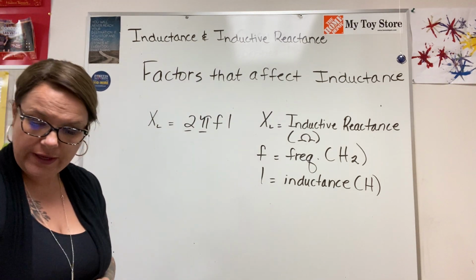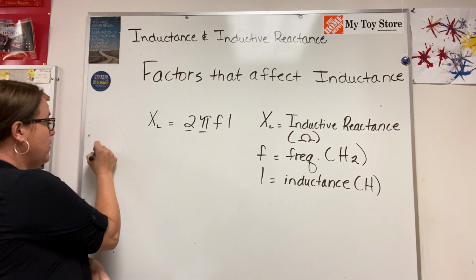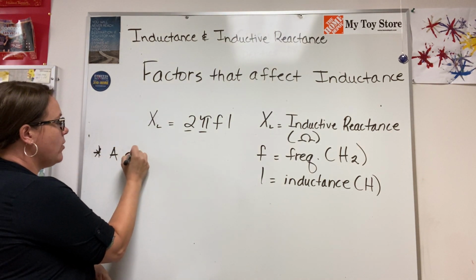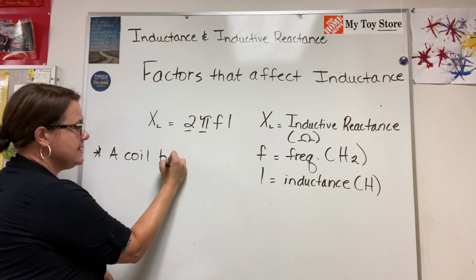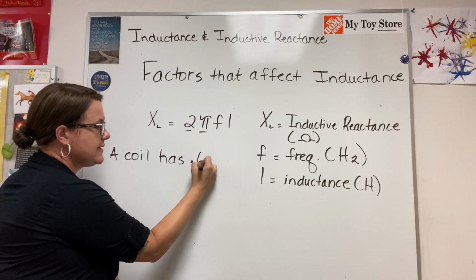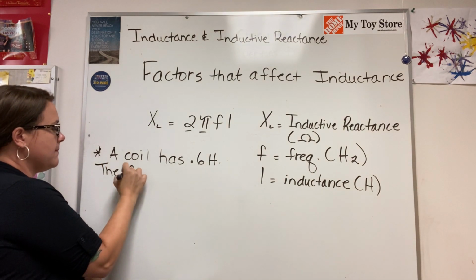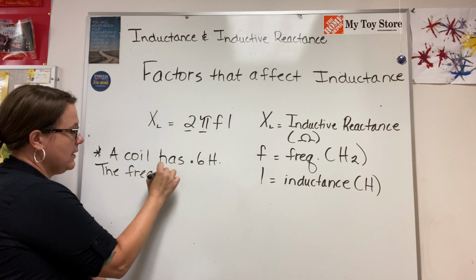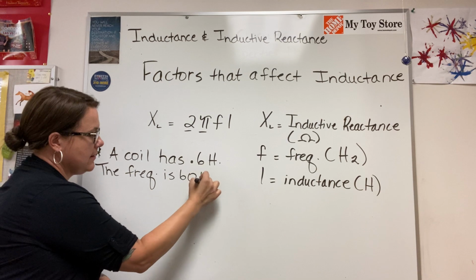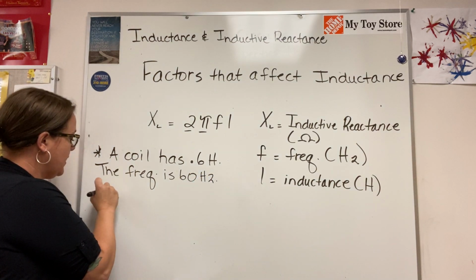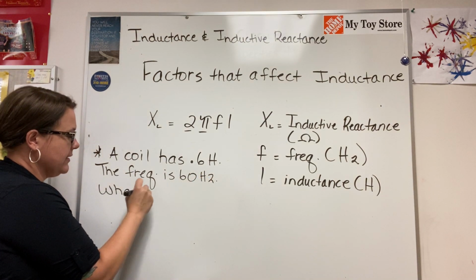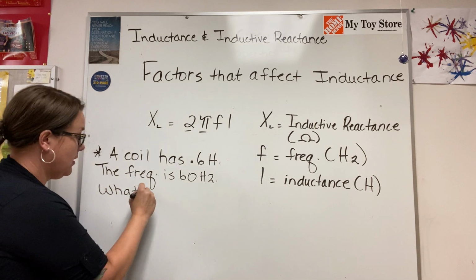Let's say a coil has 0.6 henries. The frequency of the circuit is 60 hertz. What is the XL or inductive reactance in the circuit?